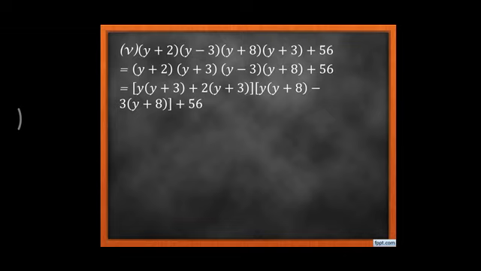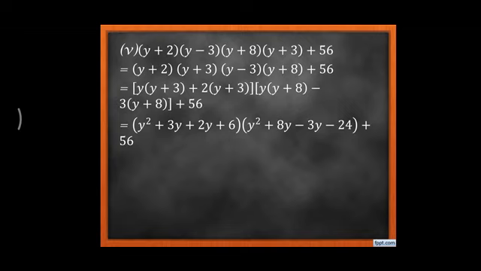So we have y into y plus 3 plus 2 into y plus 3. We will write them in square brackets, and in the second bracket we will multiply y minus 3 with y plus 8. So we will multiply y into y plus 8 minus 3 into y plus 8 plus 56.